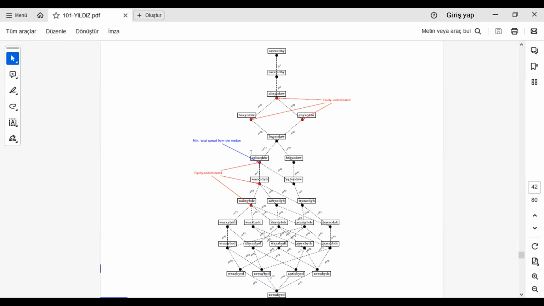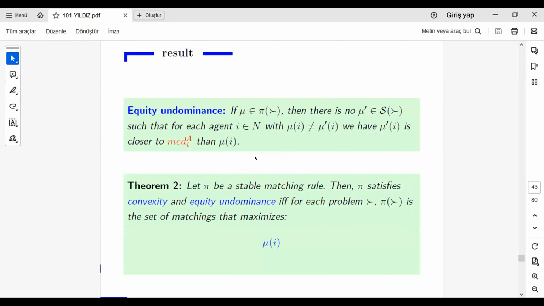All the others are equity dominated. Okay, and among these, this blue one turns out to be the matching that has minimum total spread from the median.